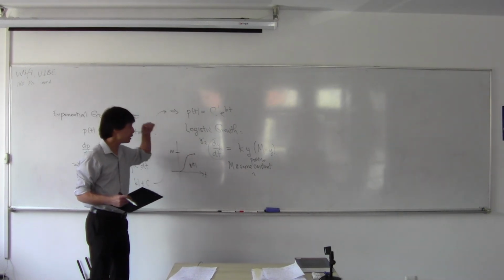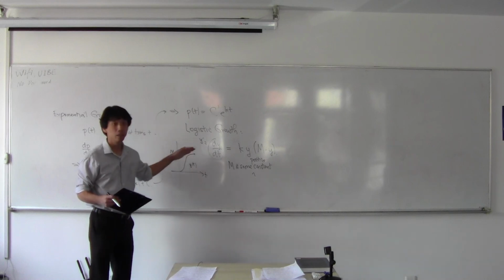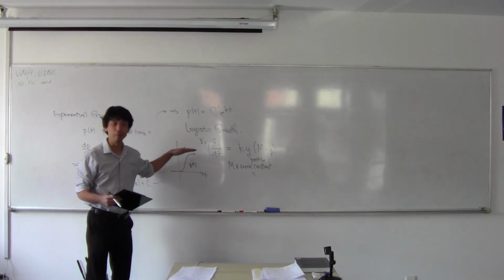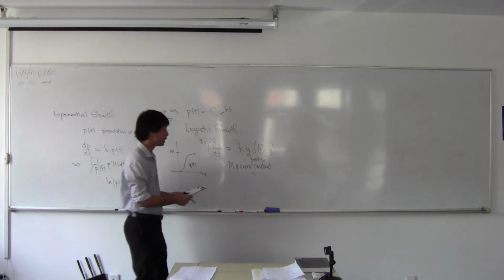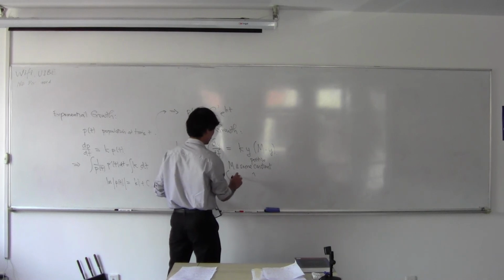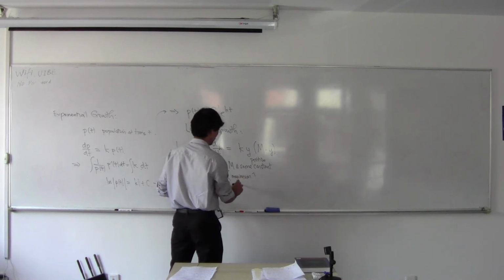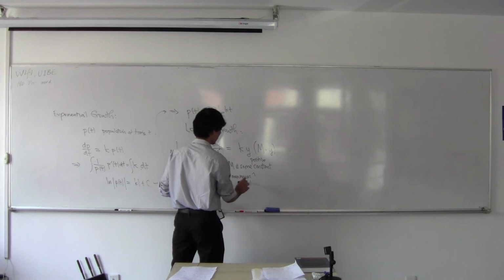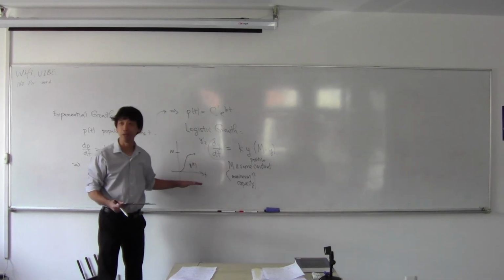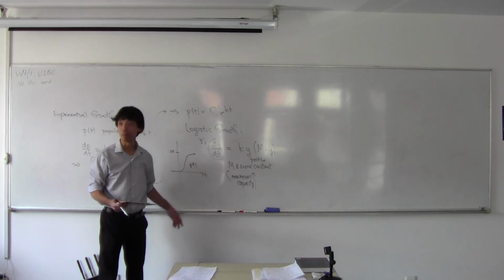This models a world where there's some limit on the food, some limit on the total population. This m is basically your maximum capacity, the most that the world can handle for this population.